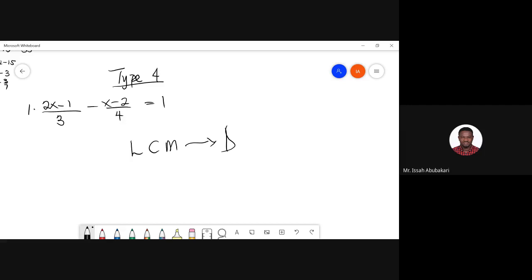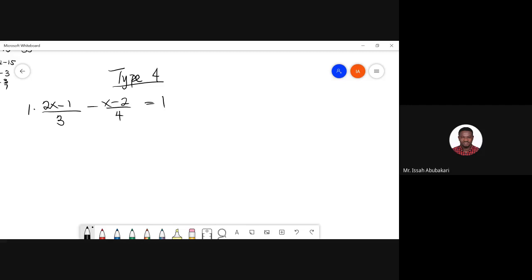In this question, we have 2 denominators. They are 3 and 4. Now, if I ask you to find the LCM, the simplest way is to look for the biggest denominator. The biggest denominator is 4, and 3 cannot be a factor of 4.